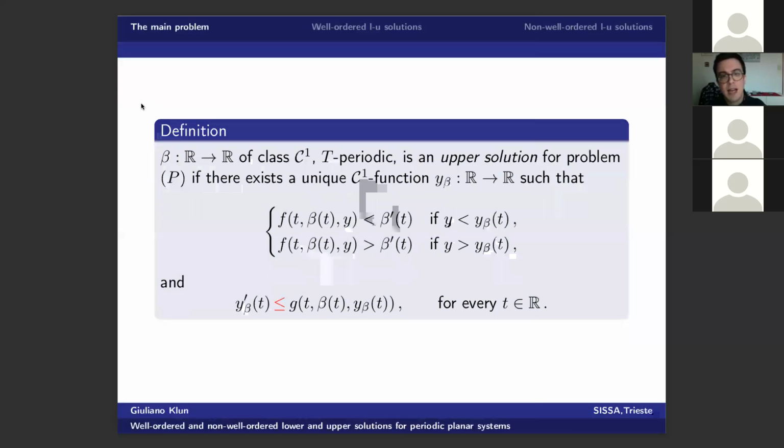On the other side, beta is said to be an upper solution for the problem P if the same condition holds for f with respect to beta', but the reverse inequality holds for y_beta'(t) with respect to g.